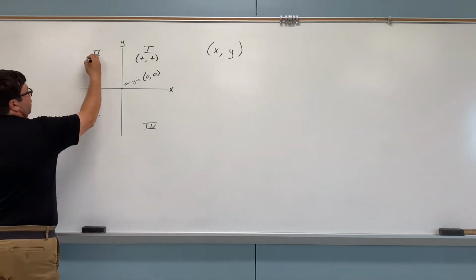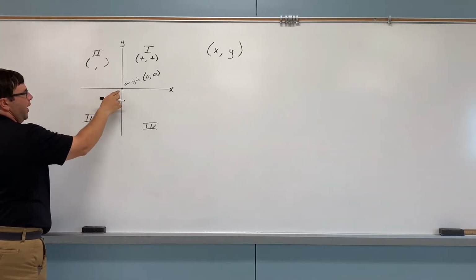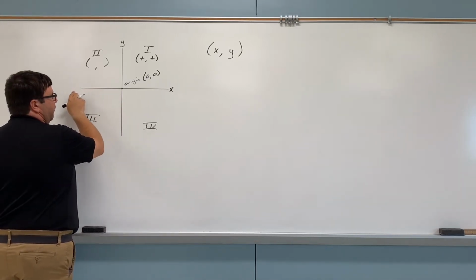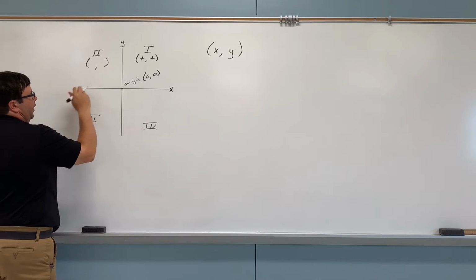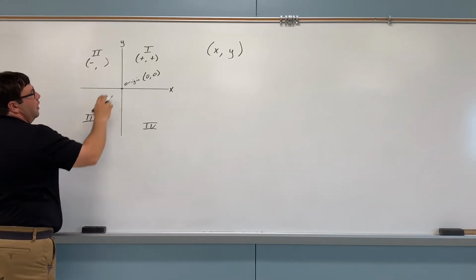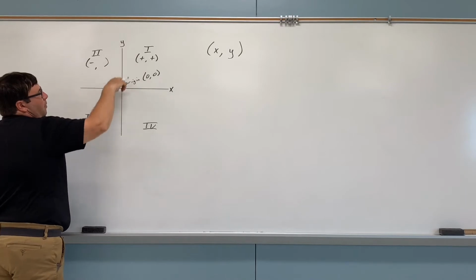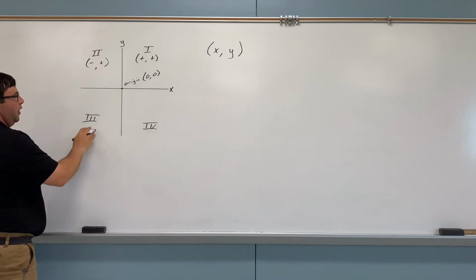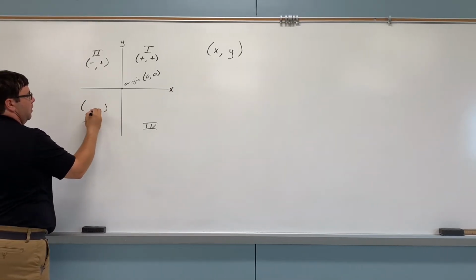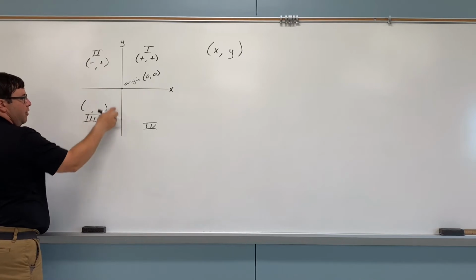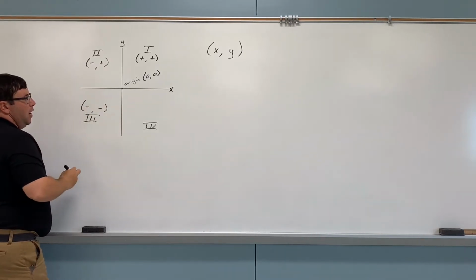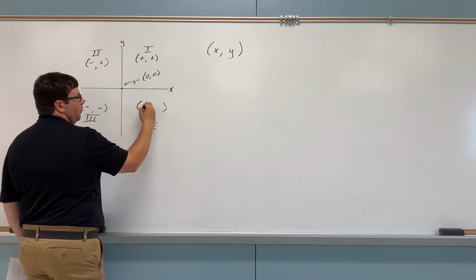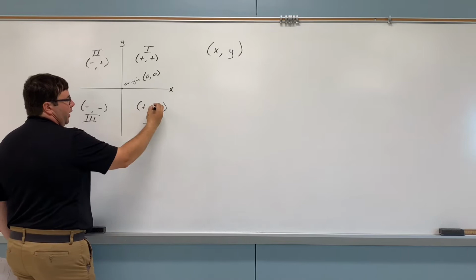In quadrant 2, our x is going to the left of the origin, so from 0 into the negative values, our x's are negative. Our y is going up, so we are looking at a positive y value. In quadrant 3, you have negative x's and now negative y's. In quadrant 4, notice that your x's are positive, but your y's are negative.